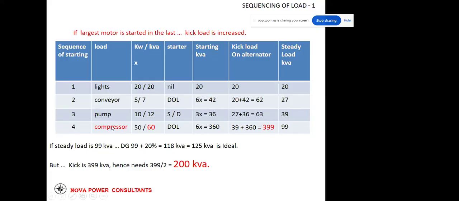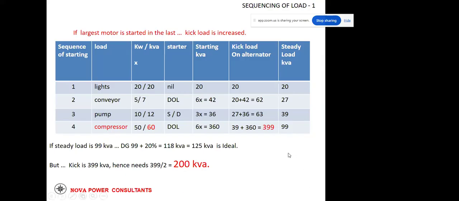Only for one load I have to go for 200 kVA, but the steady load is only 100. It means continuously I will be running the DG set at 50% load, which is not economical. Unnecessarily, I will be wasting the fuel.